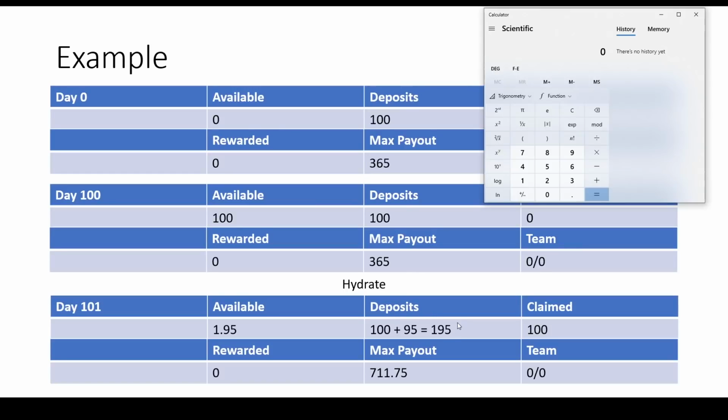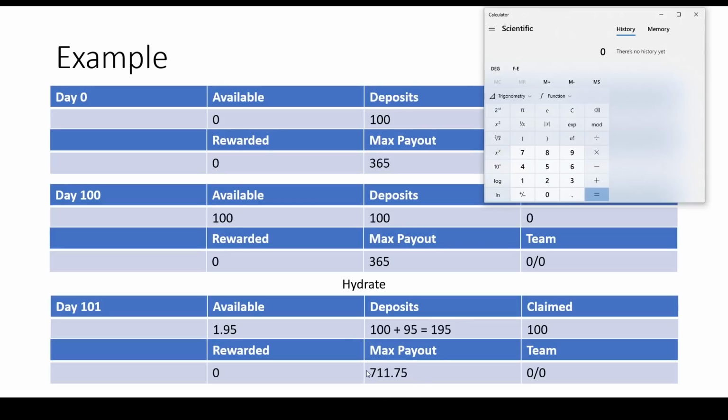But now, my deposit is 195. Now, how much am I going to earn? 1.95, because 195 times 1% is 1.95. So instead of 1 token per day, I'm earning almost 2 tokens per day.